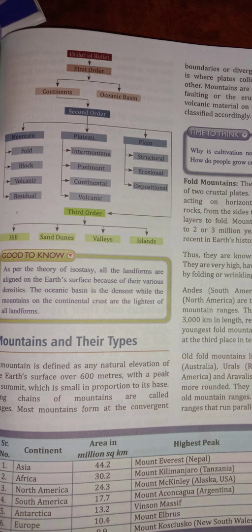Then the mountain has categories according to its origin: fold mountain, block mountain and volcanic mountain. Then plateau: intermontane, piedmont, continental and volcanic; and the plain is structural, erosional and depositional. So read the chart very carefully.